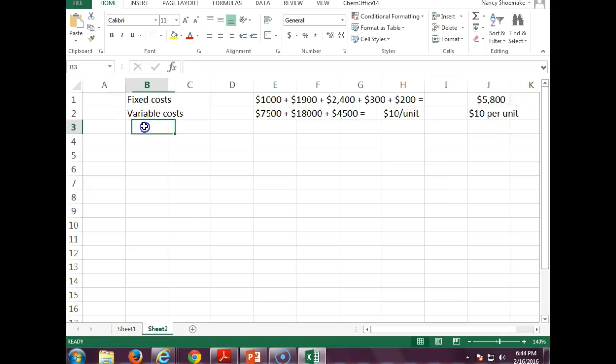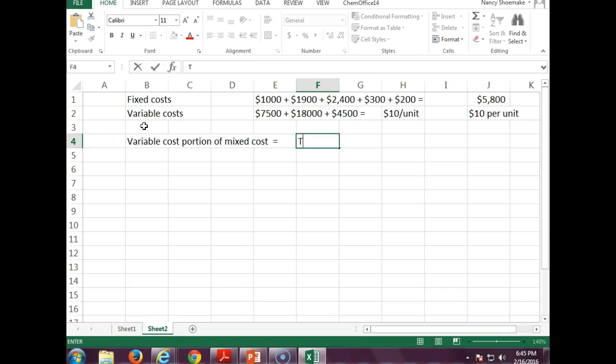Okay? The next one, the variable cost portion of mixed cost. So we had two items that were mixed. Basically this is going to be total cost minus the fixed portion. Okay?